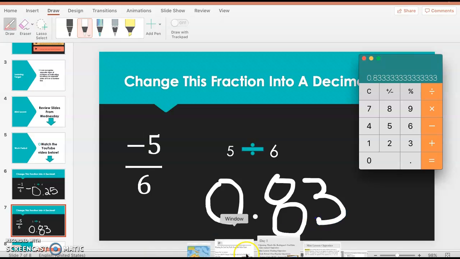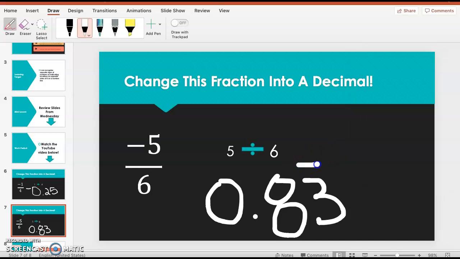And then which number is repeating, guys? The 3. So if the 3 is repeating, that's where the notation, the bar, is going to go on top. But don't forget, guys, this is a negative number because we've got a negative 5 over 6. So we're going to add the negative as well. Okay? So just what we did yesterday.